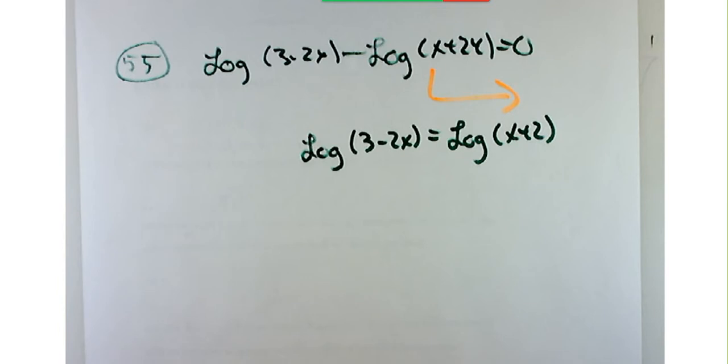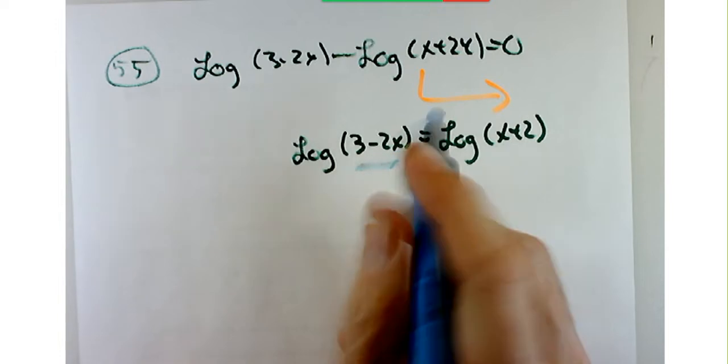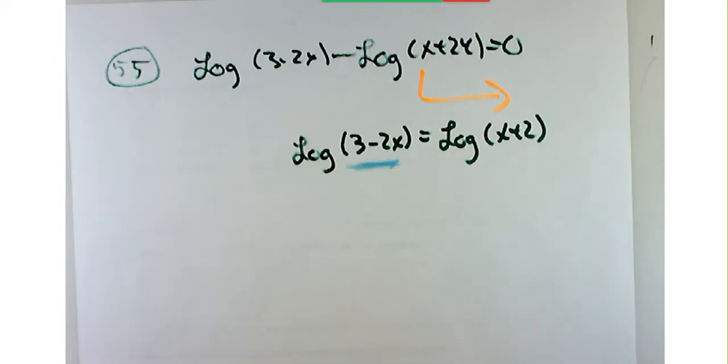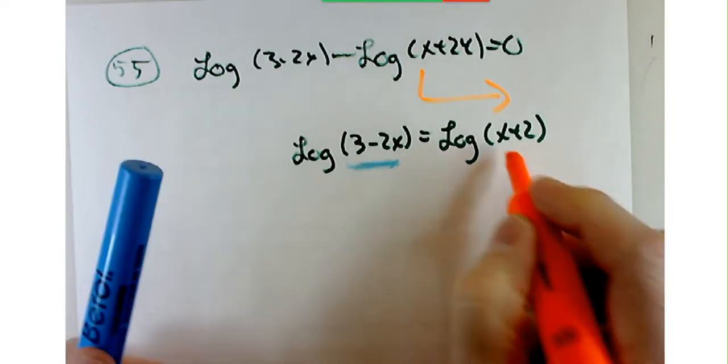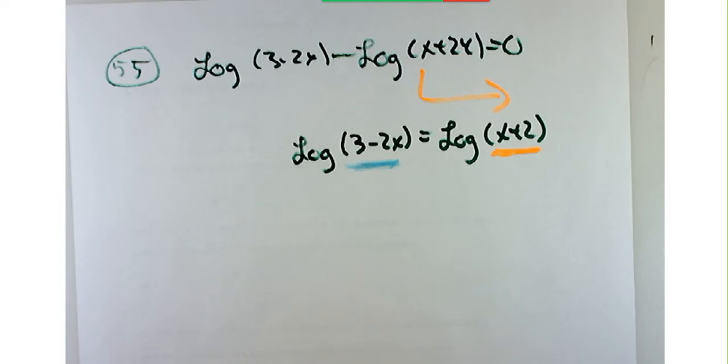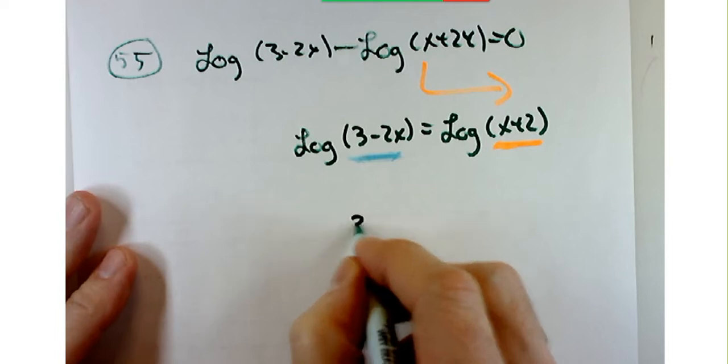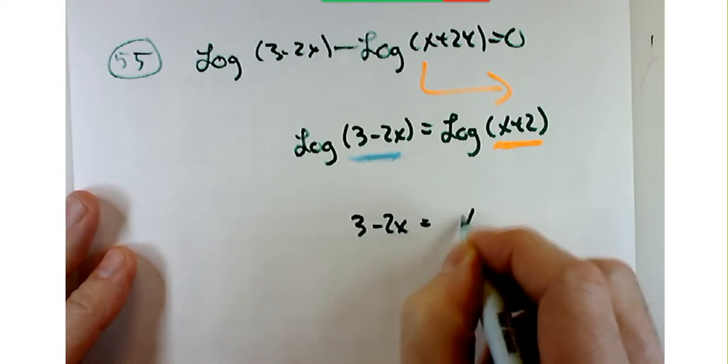And that's perfect. If I have the log of something equals the log of something else, then those two somethings here and here have to be equal. So basically I can get rid of the logs and just write, 3 minus 2x equals x plus 2.